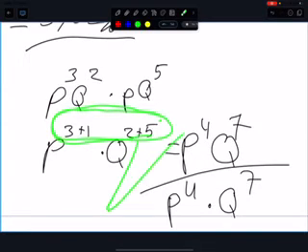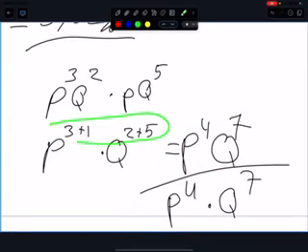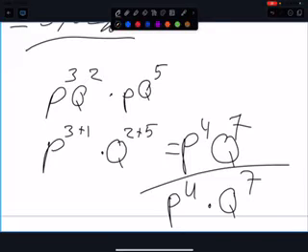Do not write the answer immediately. It is easy, P4, Q7. But give them this answer: P to the 3 plus 1, Q to the 2 plus 5, and then give the answer. Because as you notice, it's only 1 mark. So the slightest of mistake will not get you that mark.